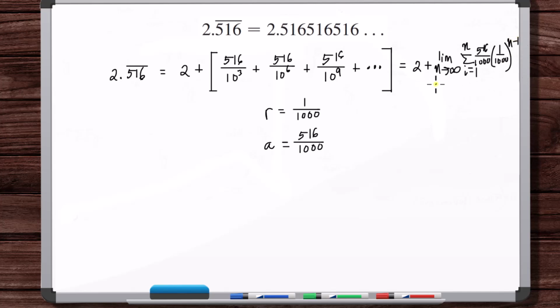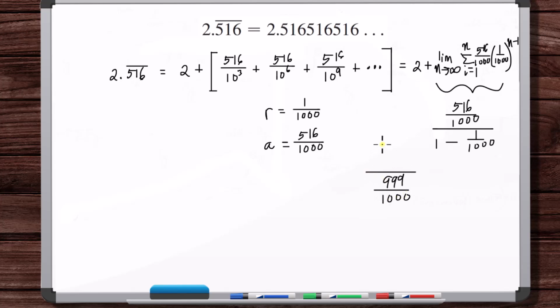But this we know is equal to 5/16 over 1,000 over 1 minus 1 over 1,000. 1,000 over 1,000 minus 1 over 1,000 is 999 over 1,000.